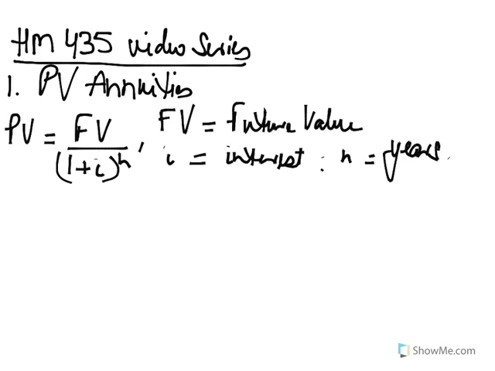Now, in the class we talked about how to get the present value if we had a one-time payment or a single payment. And in that case, you're going to use the formula that you have here. But what if you had multiple payments? What if you had an annuity?